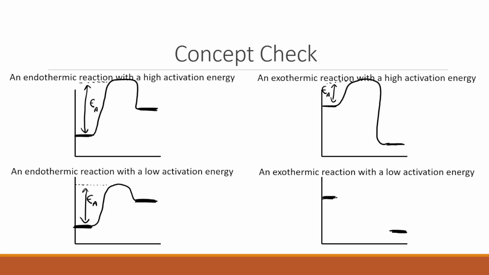And a low activation energy means we're going to have a little bump and then go down. All right, this is our activation energy. Again, it's relative. As long as this one is higher than this one, we have correctly filled in these things.